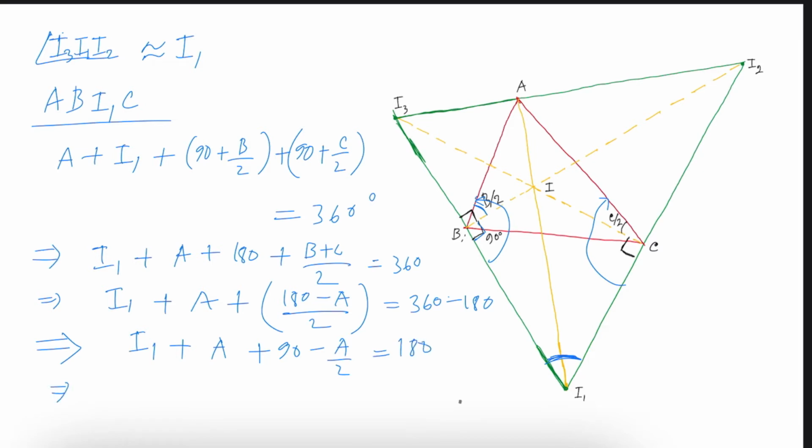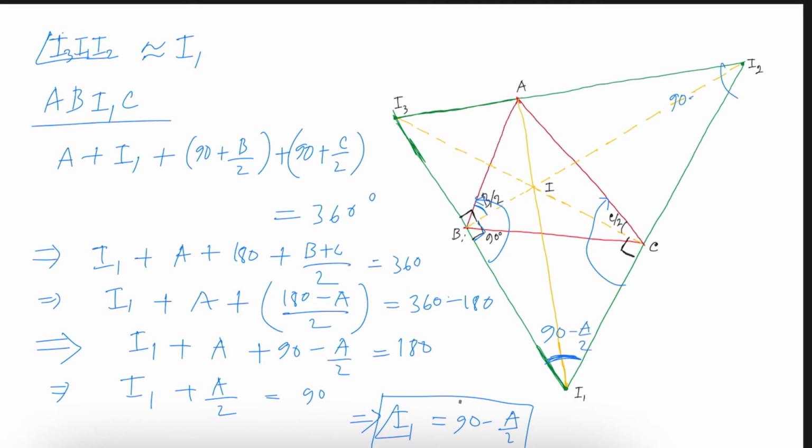So I1 plus A by 2 is 90 degrees. So angle I1 is 90 minus A by 2, right? So this is the result. Similarly, this angle is 90 minus B by 2, and this angle is 90 minus C by 2.